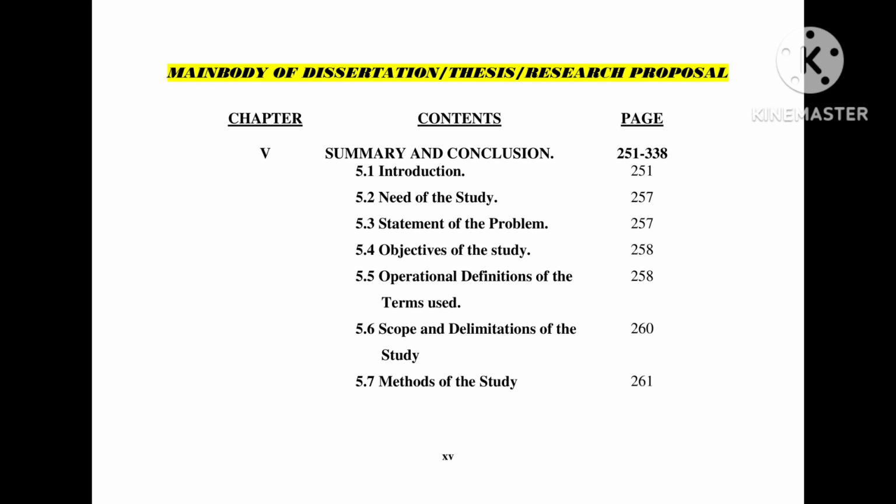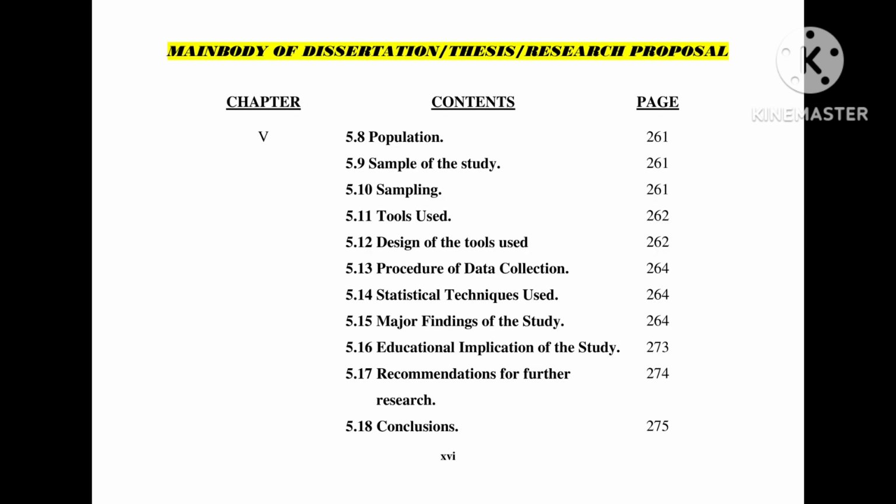Thereafter comes chapter 5, which is known as summary and conclusion. Under it also there are all the points which are in our previous chapters, from 1 to 4. All the summary of those chapters 1 to 4 is stated here as you are watching. 5.1 introduction, 5.2 need of the study, 5.3 statement of the problem, 5.4 objectives of the study, 5.5 operational definition of the terms used, 5.6 scope and limitation.